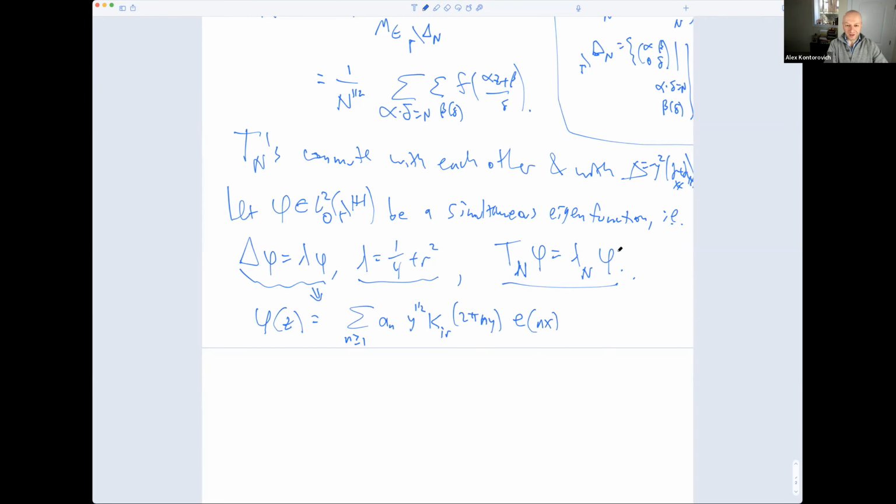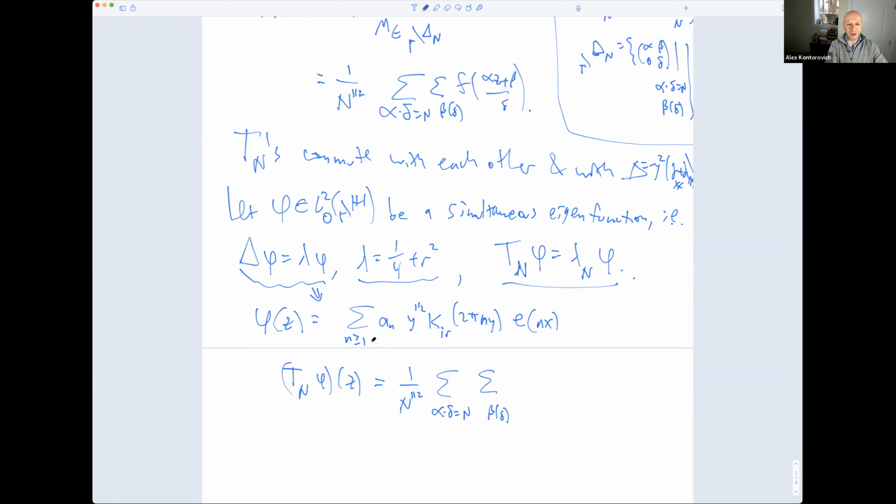What does this imply? So let's see what T_n phi actually is. T_n phi of z is this sum, 1 over root n, a sum over alpha times delta equals n, a sum over beta mod delta, of phi evaluated at (alpha z plus beta) over delta.